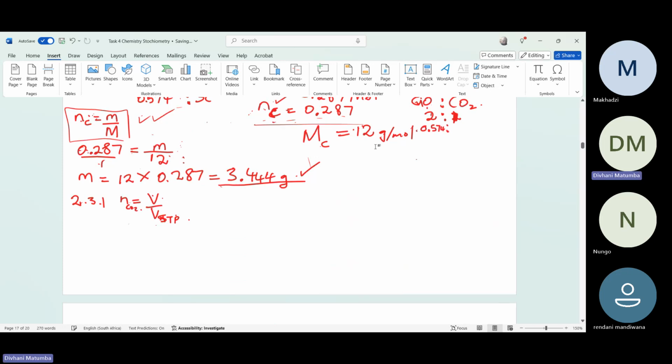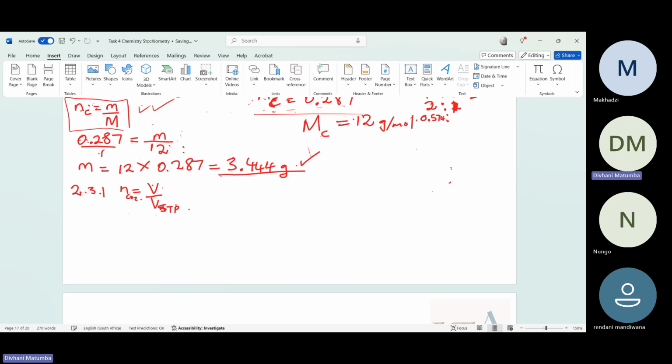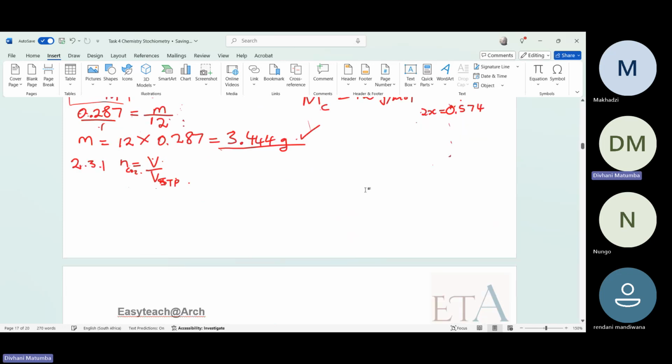To calculate the number of moles of carbon dioxide produced, we put X. When we cross multiply, 2 times X is 2X, which equals 1 times 0.574. If you divide 0.574 by 2, X is equal to 0.287. That is the number of moles of carbon dioxide.